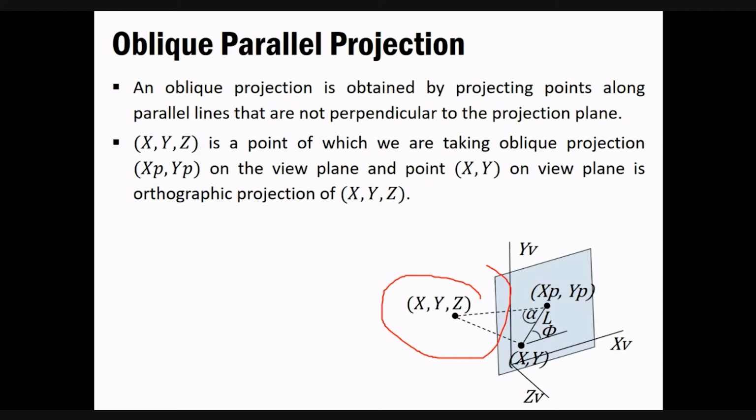Now, taking the oblique projection xp and yp on the view plane, this is our view plane, and the point x, y on the view plane is the orthographic projection of x, y, z. So we have two things: first is the oblique projection, another is the orthographic projection. As we already know, we are not removing the depth information, we are storing it at some position.